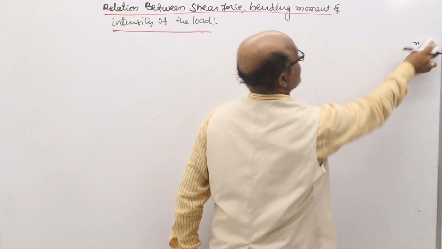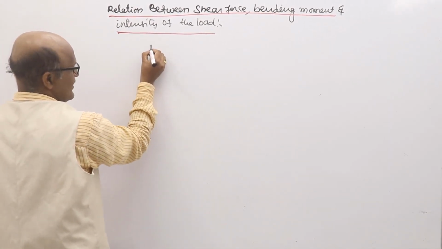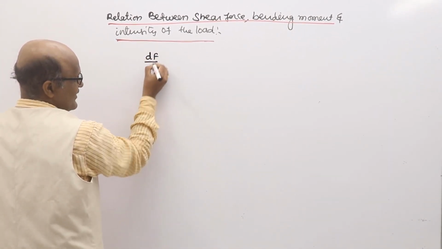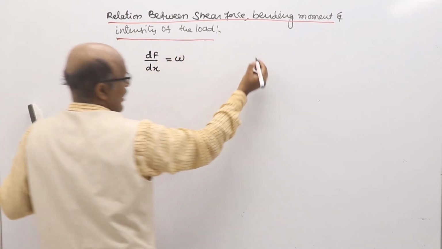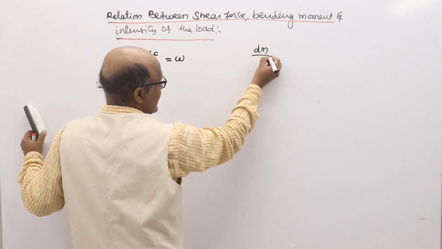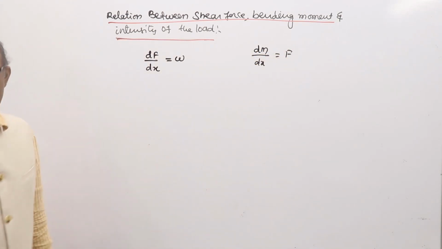So what is the first one, my dear students? What is the first equation? dF by dx is equal to w. Now dM by dx is equal to F. Very good.